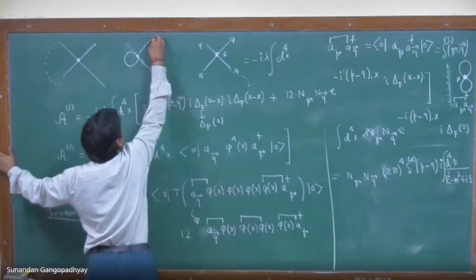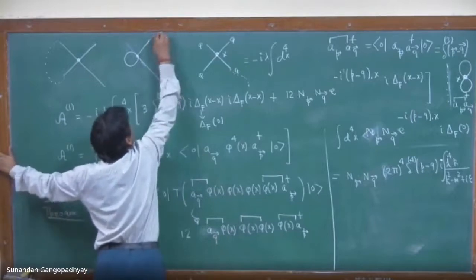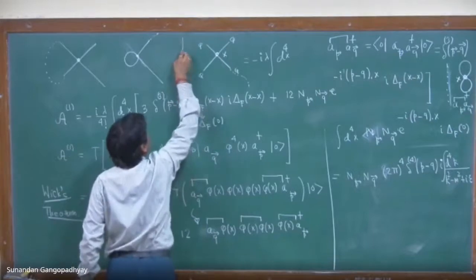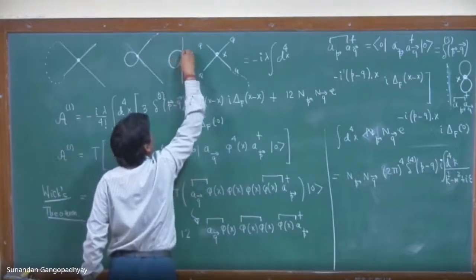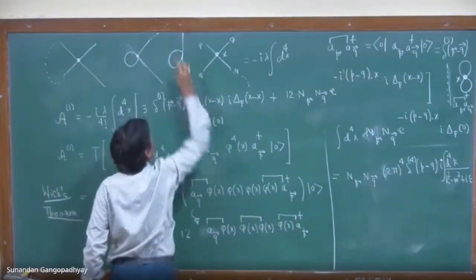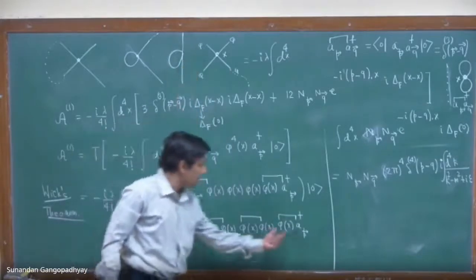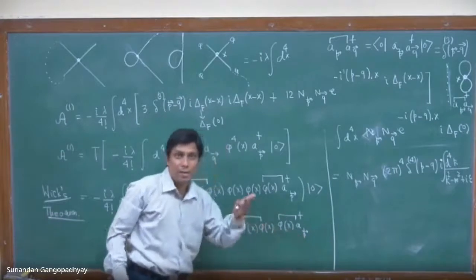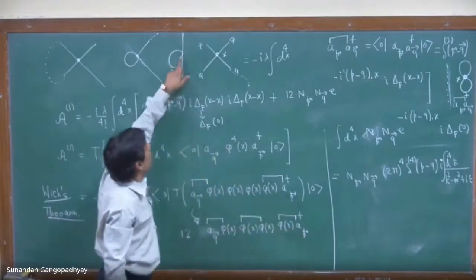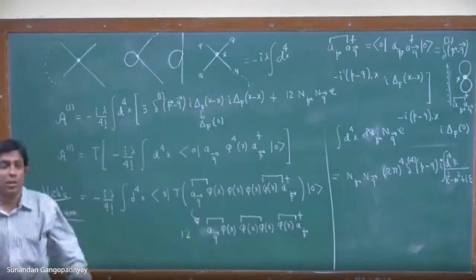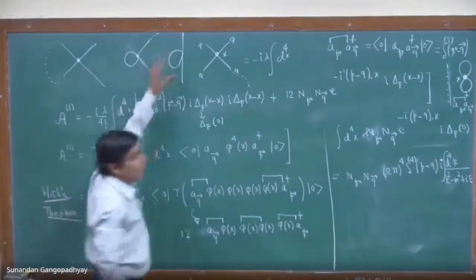So you elongate this part, and then you get something like this. So this part represents the phi x a dagger contraction, the phi phi contraction, and this part is the a with phi contraction. So this is how you get this kind of a diagram.